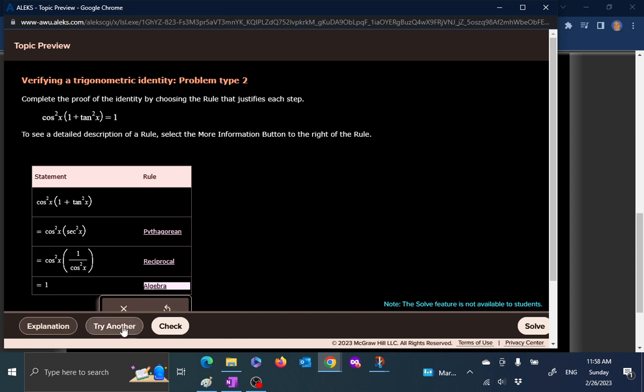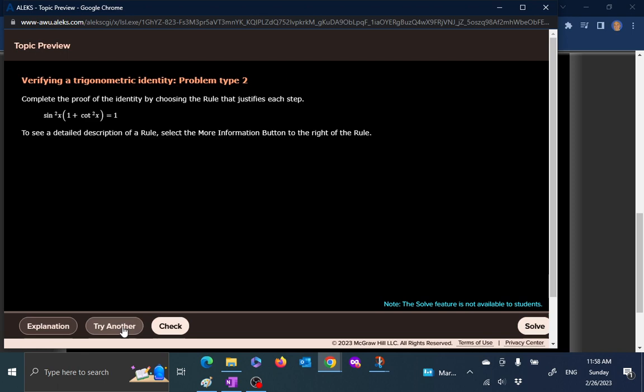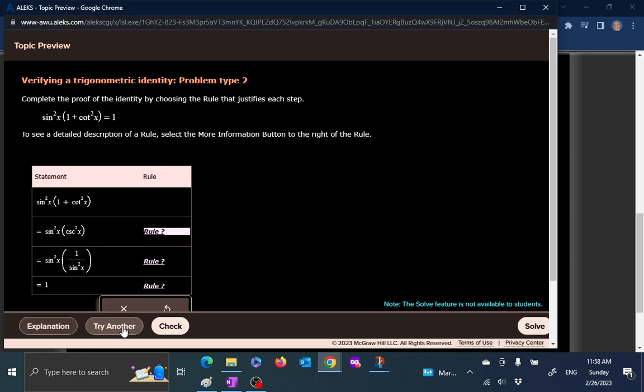Let's try another one. Prove that sine squared times 1 plus cotangent squared is equal to 1. This is almost identical to what we had a minute ago. Over there it was cosine and tangent. Now it's sine and cotangent. So first of all, 1 plus cotangent squared is being replaced by cosecant squared.